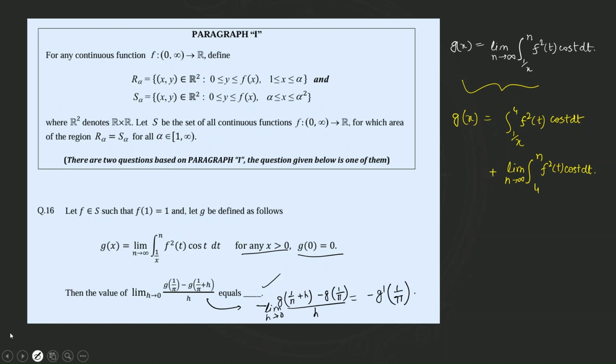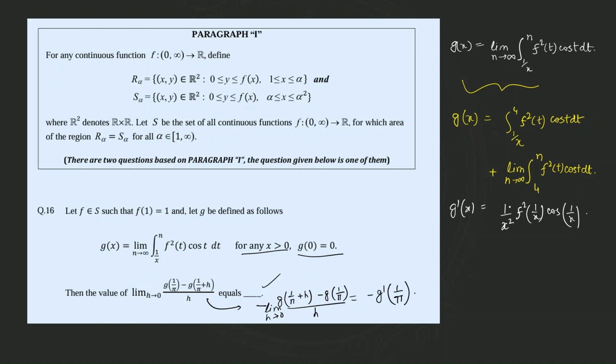So now we can differentiate both sides with respect to the variable x by using the Leibniz rule. That means g dash x will be, this we can easily differentiate by using the Leibniz rule. It will be minus here, because the first term will be 0, as the differentiation of 4 is 0. Then minus f square of 1 by x times cos of 1 by x times the derivative of 1 by x, that means minus 1 by x square. So overall it is 1 by x square.